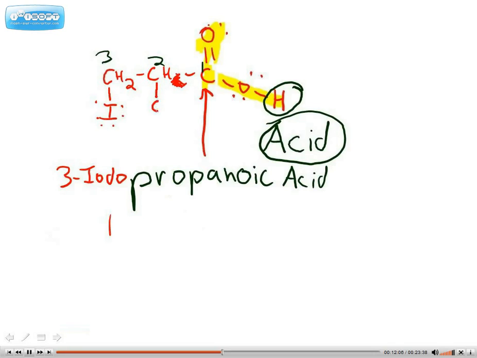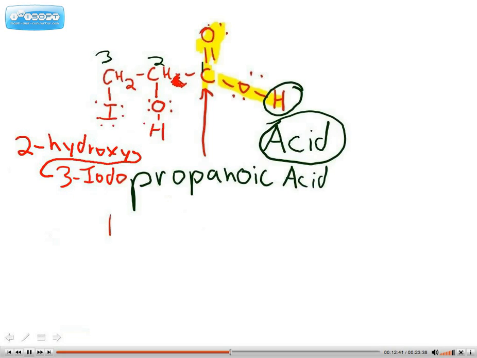And I'll go ahead and change this to an OH. Now, this is where the prefix for the alcohol name comes into play. So in this case, this would be 2-hydroxy. And then you'd have a dash, but I'm out of space. I'll just write a really long dash over here. 3-iodopropanoic acid.